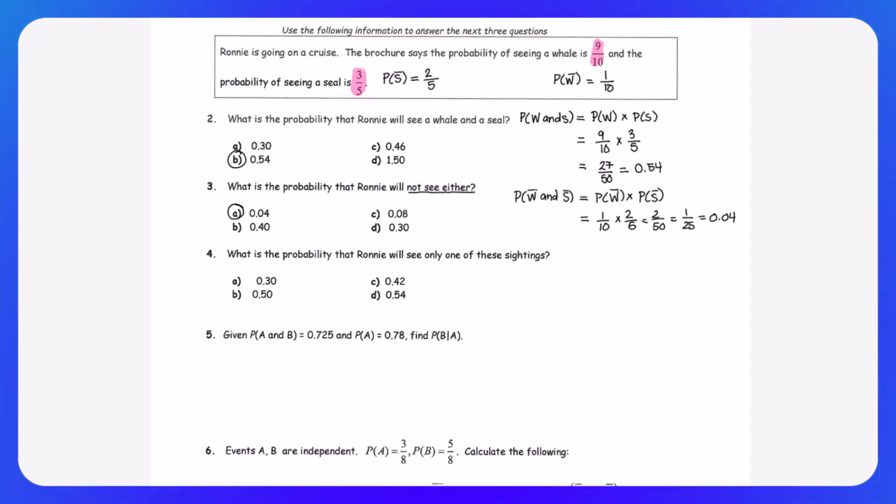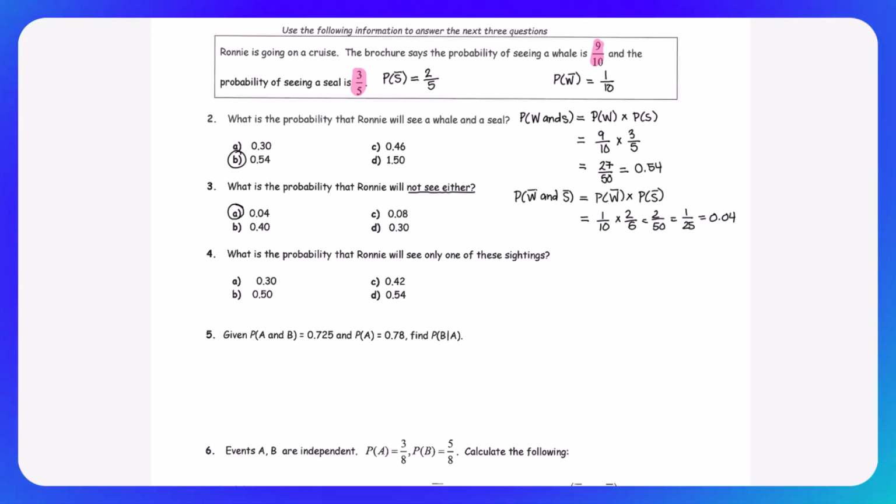What is the probability that Ronnie will see only one of these things? Okay. In other words, what is the probability that he'll see only a whale or he'll see only a seal? Now listen to the word I said. I said or.